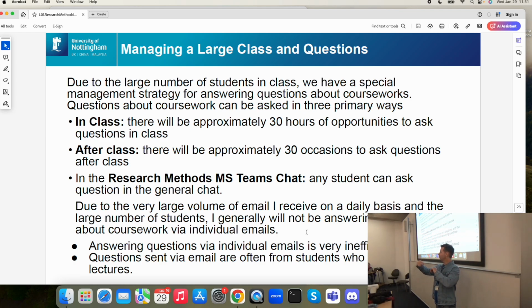It's a loop. As soon as I answer one, a new one comes back, and I haven't made any progress at all. So that's the policy about questions. Questions sent via email are often from students who skip the lecture too. That happens a lot. Like, oh, I didn't get this in the lecture, therefore I'm going to send an email. Anyways, don't worry about it.